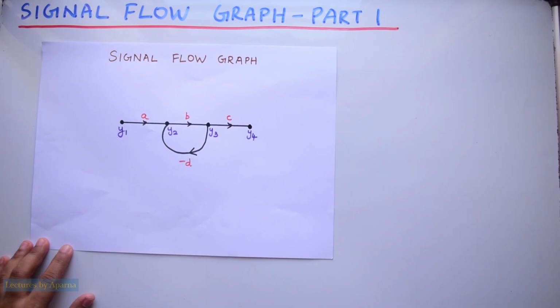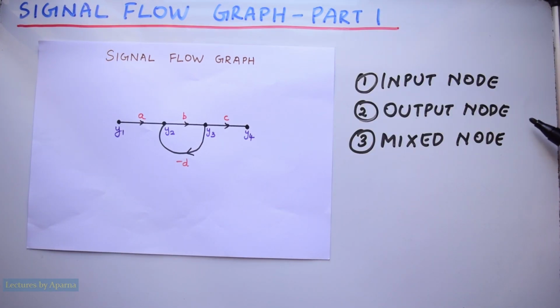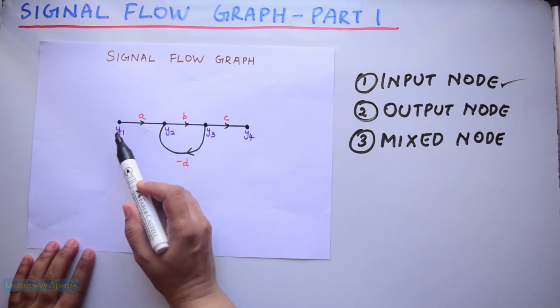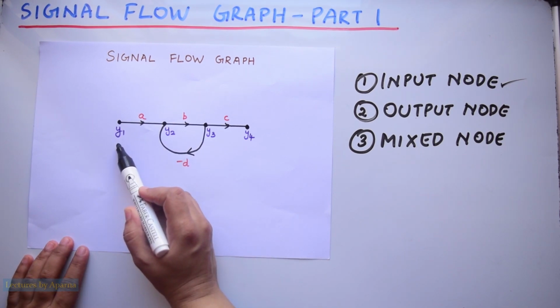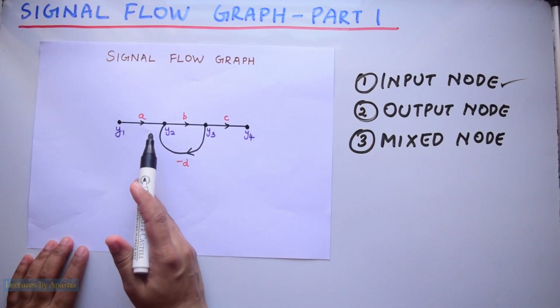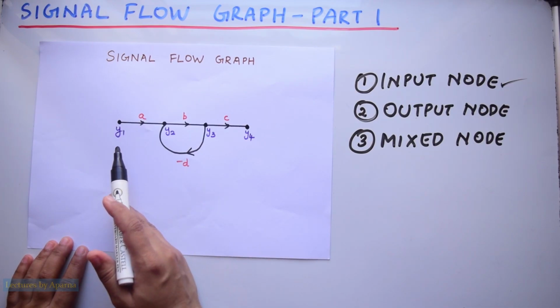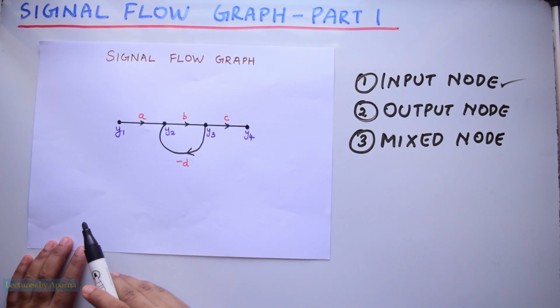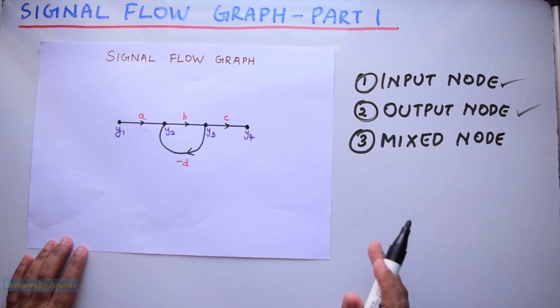Nodes are of three types: input node, output node and mixed node. An input node is a node which has only outgoing branches. So here Y1 is an input node. It has no branches coming into it. It has only an outgoing branch. The next type of node is the output node.